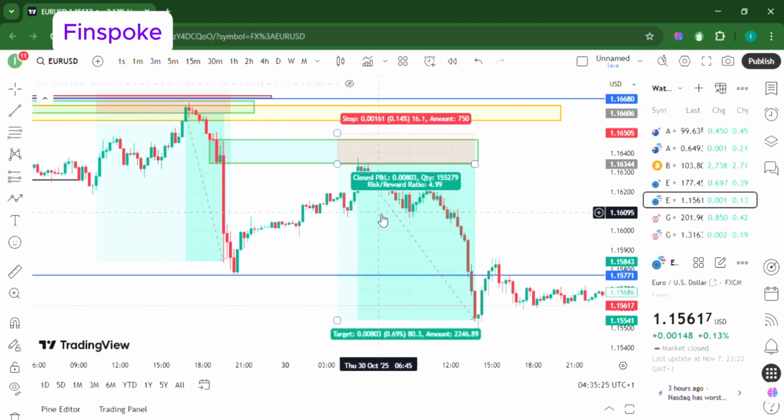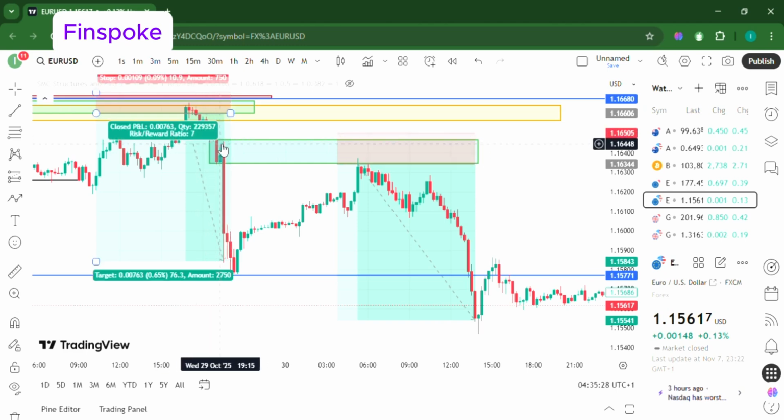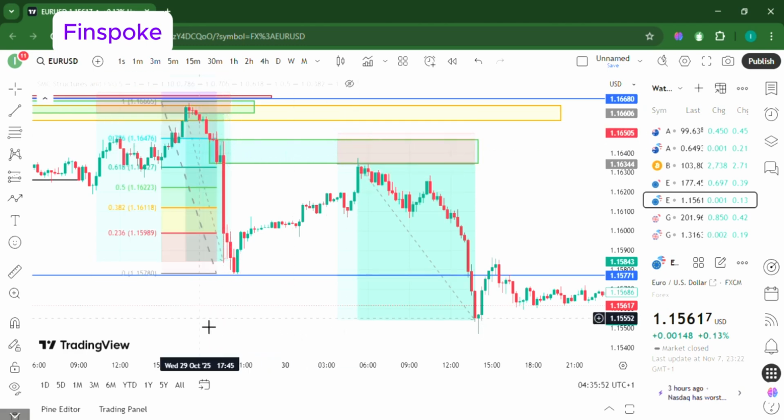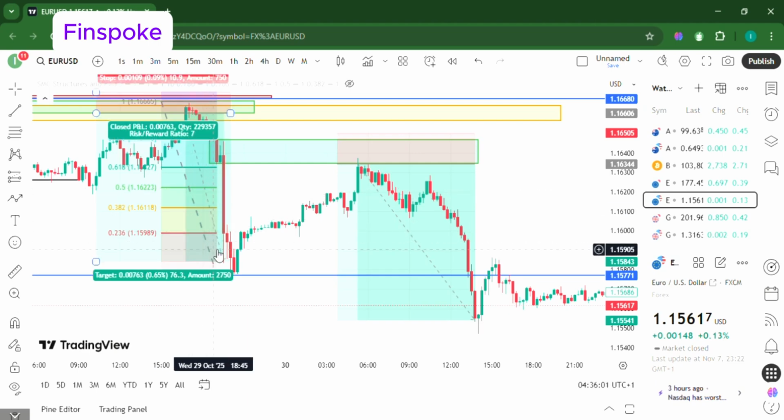When price got to this level and reacted, I grabbed my Fibonacci again to check. Why did I grab my Fibonacci? Because of this inside bar candle here, and because of this reaction here. So I was actually expecting price to return here and react, or to return here and take off.